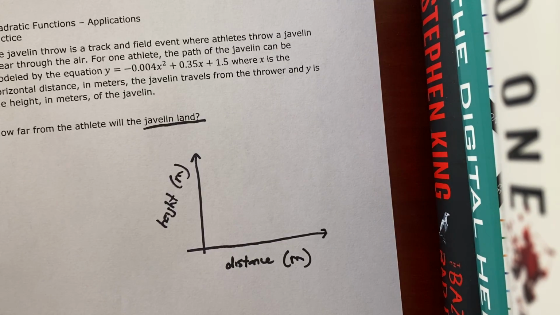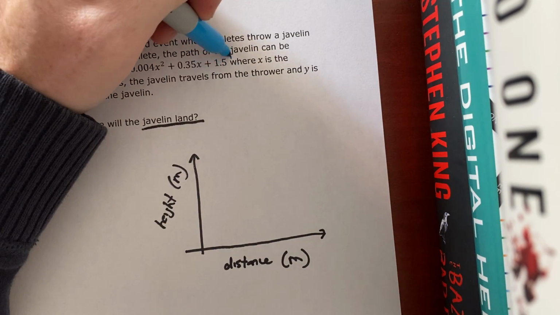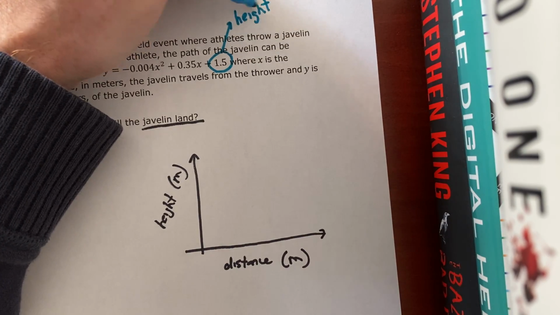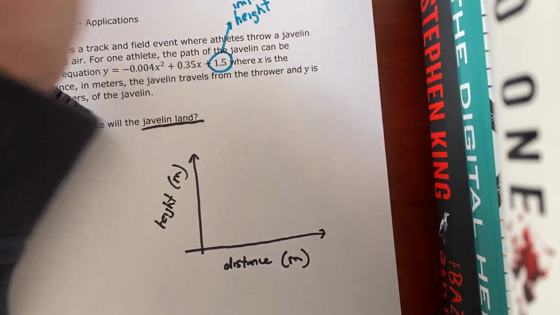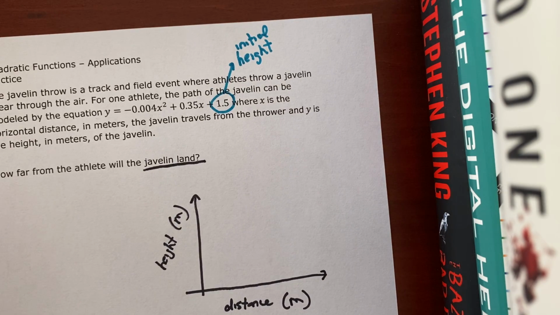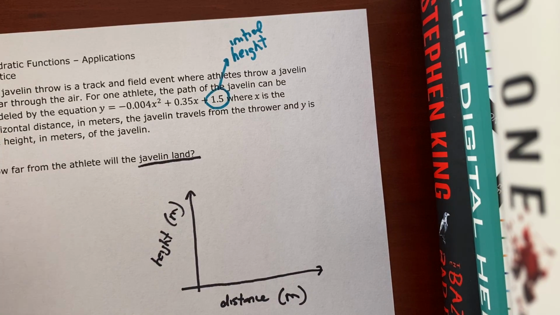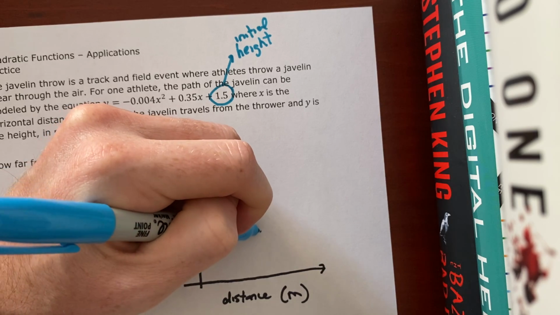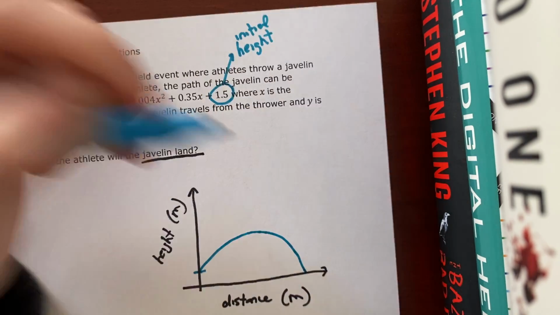Once again, if you remember some stuff about our standard form quadratics, this is the initial height. So he's throwing it 1.5 meters off the ground. That's like 5 feet-ish. So he throws it 5 feet off the ground, the javelin goes, and then eventually it hits the ground.